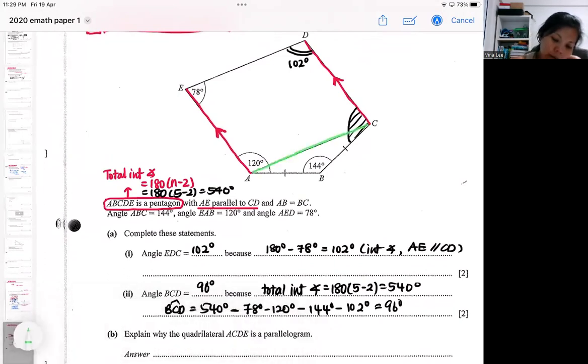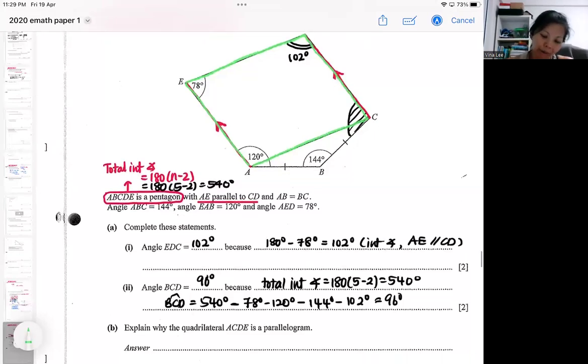A lot of you will be thinking that ED is parallel to AC, then thinking I don't know how to explain. Your job is to explain if ED is parallel to AC or not. If you can prove that these two are parallel, then it will be a parallelogram already.